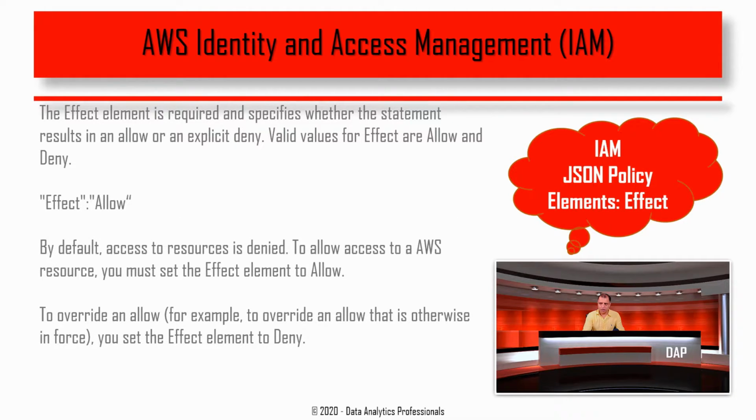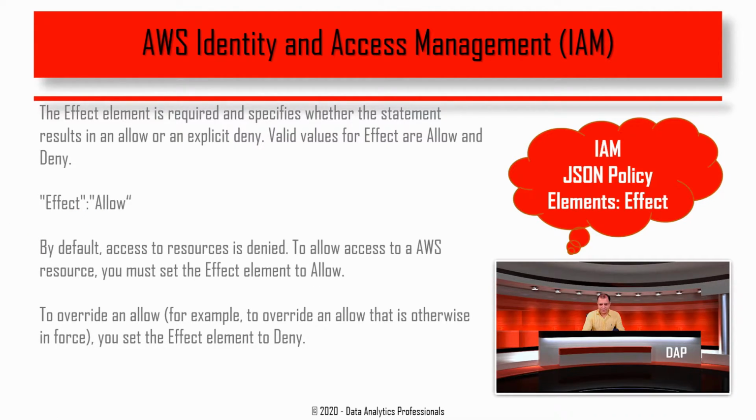Now, regarding the effect element, it is required and specifies whether the statement result is an allow or an explicit deny. Valid values for effect are allow and deny. So for example, you could see effect allow. This means that the policy is allowing, and what it is allowing, we'll talk about that.